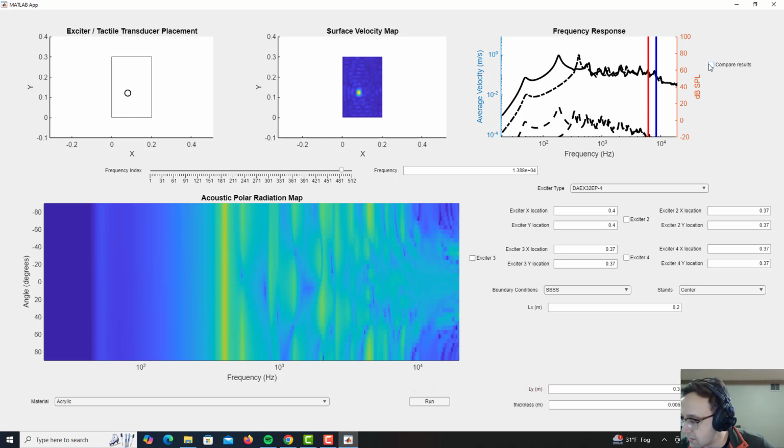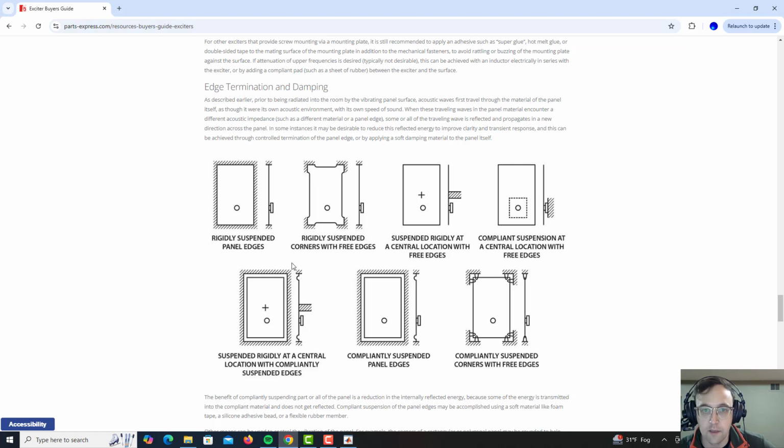Okay, next simulation that I want to do is comparing the rigidly suspended corners with free edges to the compliantly suspended corners with free edges. And these are maybe a little bit off from what I'm actually simulating mathematically. These are maybe a little in between. So this should probably be like clamped edges, where the edges are both unable to move and to bend.